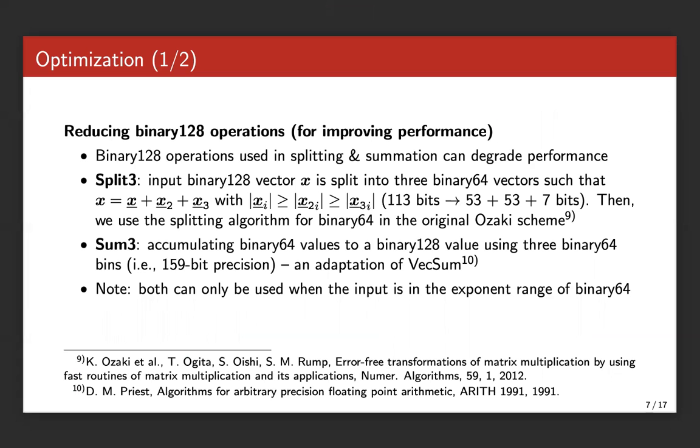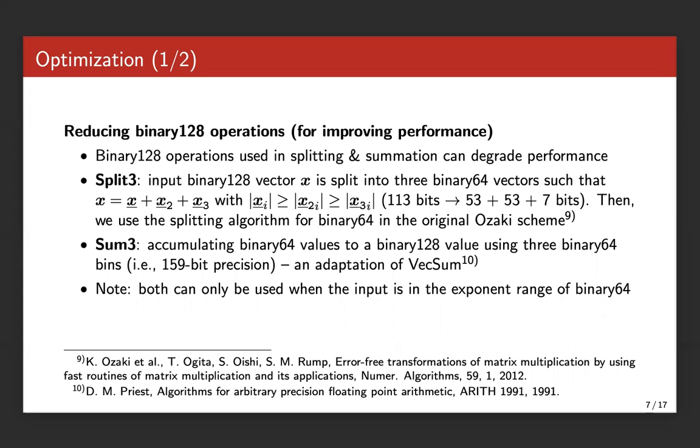But binary128 operations are needed for the splitting and summation parts, and they can somewhat impact the performance due to very slow binary128 emulation. In this study, we propose two ideas to reduce the use of binary128 operations: Split3 and Sum3.